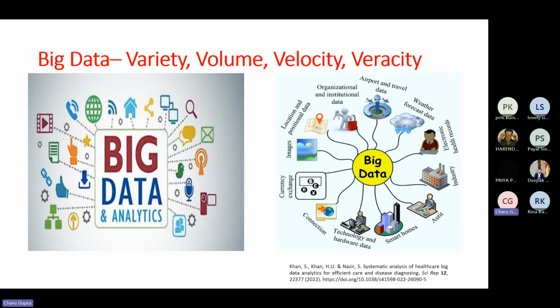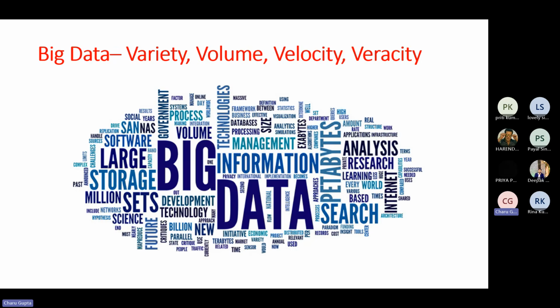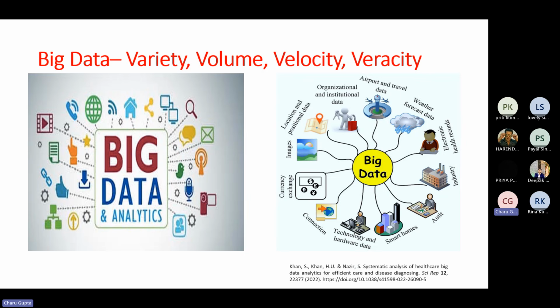This is again a snapshot of how we represent big data. On the right hand side, you can see an image of where it has been collected: organizational and institutional data, data from airports and travel, the weather forecast, electronic health records, hospital and patient data, industry, smart homes data, technology, connection, currency exchange, images.